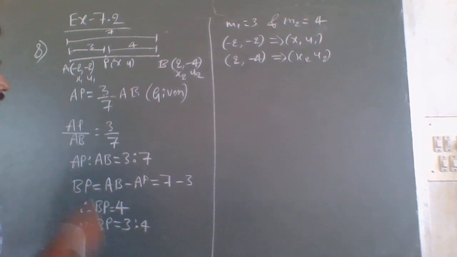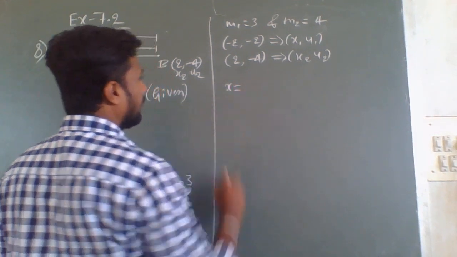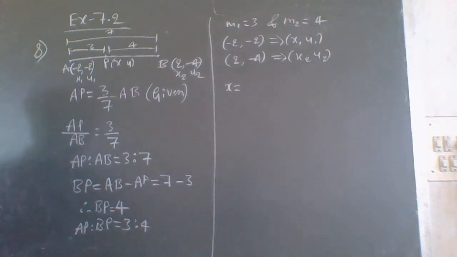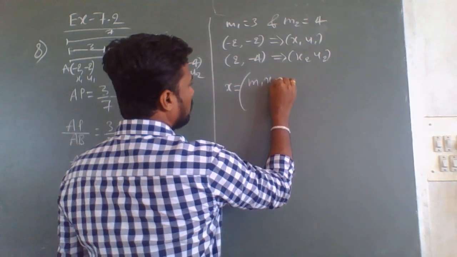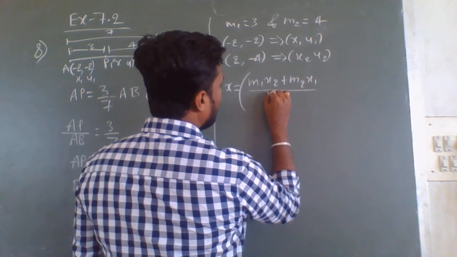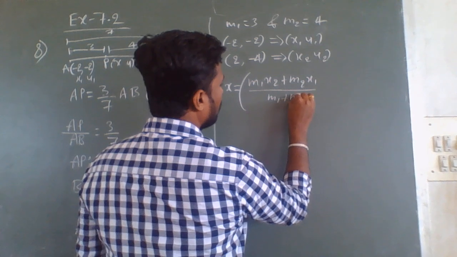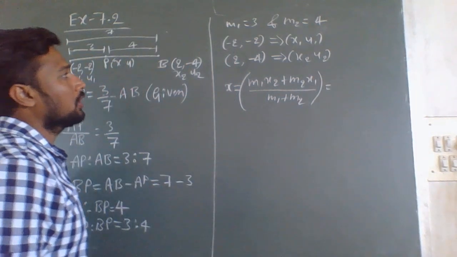So here, what is the formula to calculate the x coordinate value? x equals m1 into x2 plus m2 into x1, divided by m1 plus m2. So here what is the m1 value?